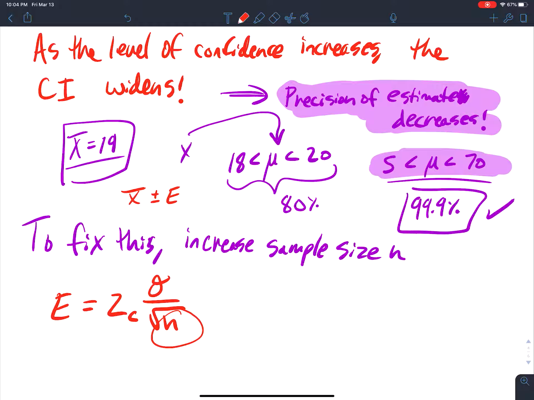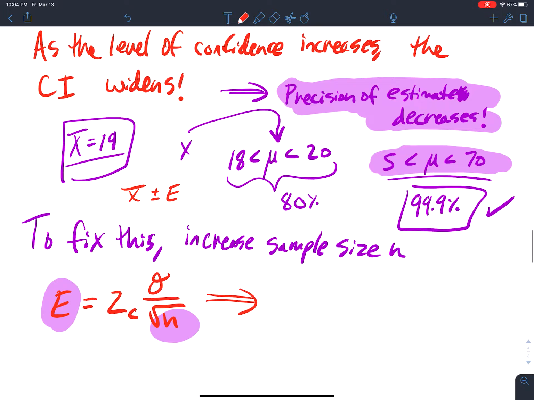So if n gets bigger, what's going to happen to my error? The error is going to get smaller, okay? So I need to solve this thing for n. And if you use some algebra, you can solve this for n pretty easily.